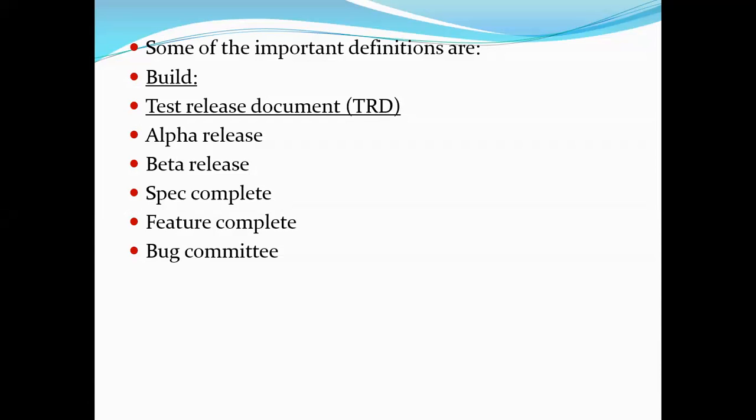And finally, bug committee. It is a group made up of the test manager, project manager, development manager, and the product support manager that meets weekly to review the bugs and determine which ones to fix and how they should be fixed. The bug committee is one of the primary users of the quality and reliability goals set forth in the test plan.